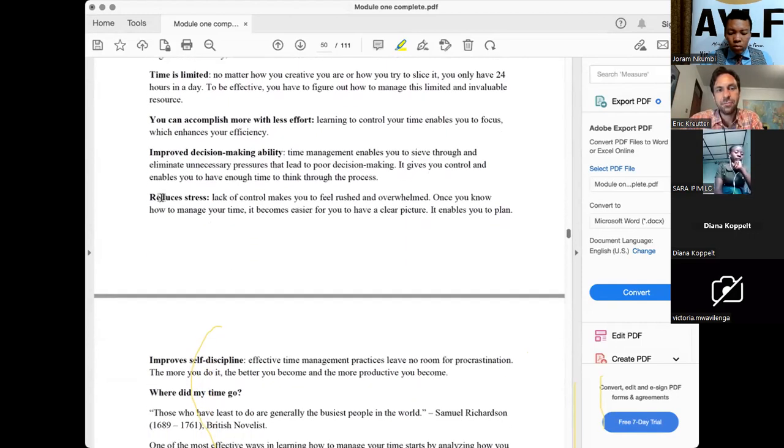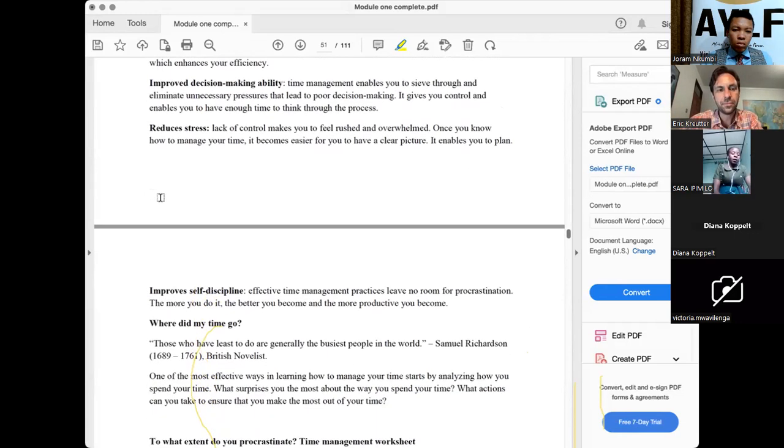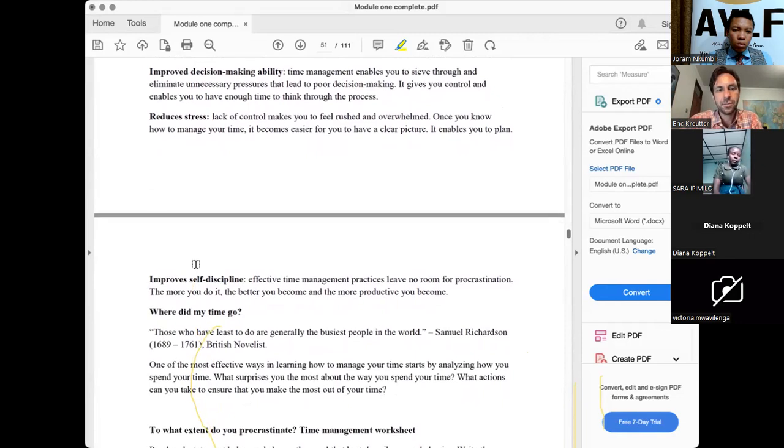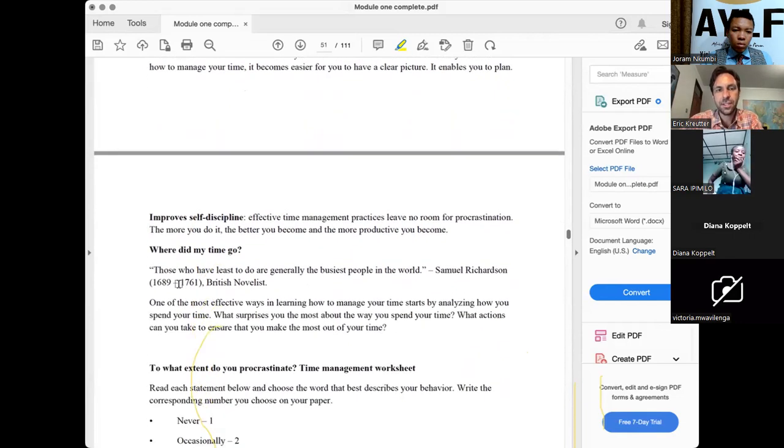Time management can reduce stress. If you manage time really well, you don't live as chaotic of a life, and you can actually be less stressed because you know that you're just going through the things that you need to do, and there's time to do the other things that you're worrying about. Time management improves self-discipline.